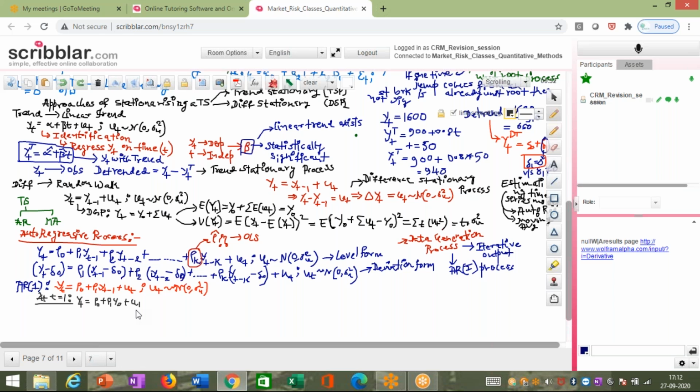So I am evaluating this at the time t equals 1.